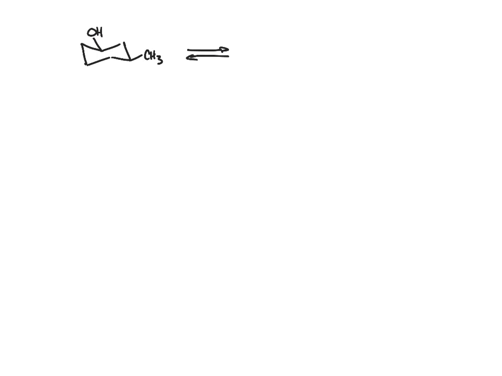So again, I'm going to number these according to how it's named, but we're going to flip different carbons. So this is going to be 1, this will be 2, this will be 3, 4, 5, 6.